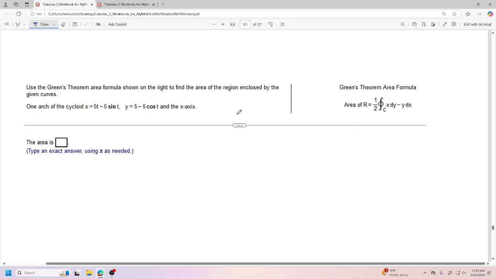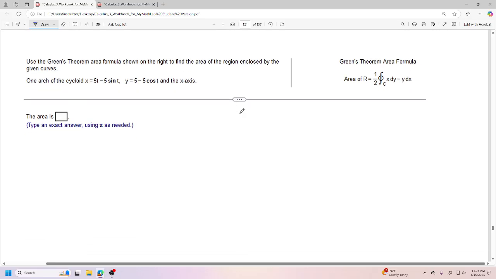Okay, this is the one I did before class, and I got it wrong, finger quote. So what we need to do is a little bit of Desmos beforehand, because what they're talking about here is blah, blah, blah, use the formula and get it done. Great, but it says one arc of this and that, and I don't even know what that looks like. So we need to use Desmos just to give it a view.